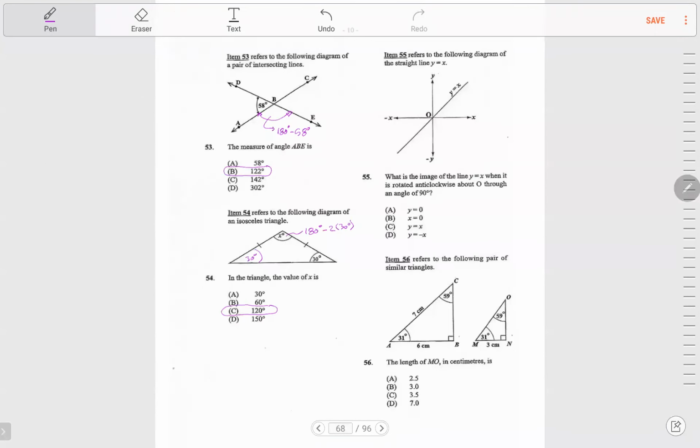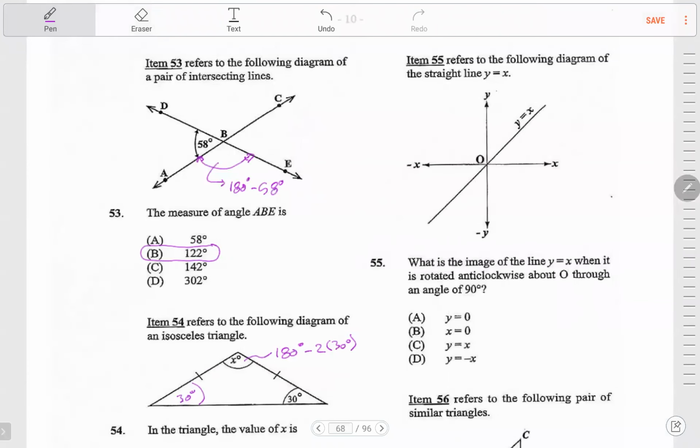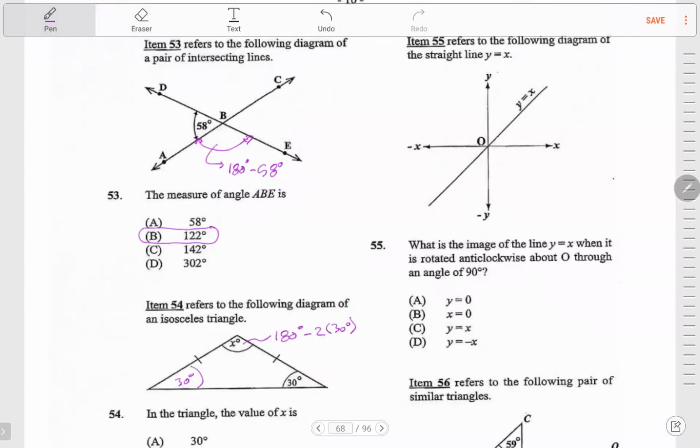All right, let's look at this one now. This one says, for this diagram, show the line y equals x. What is the image of line y equals x when it is rotated anticlockwise about O by an angle of 90 degrees?